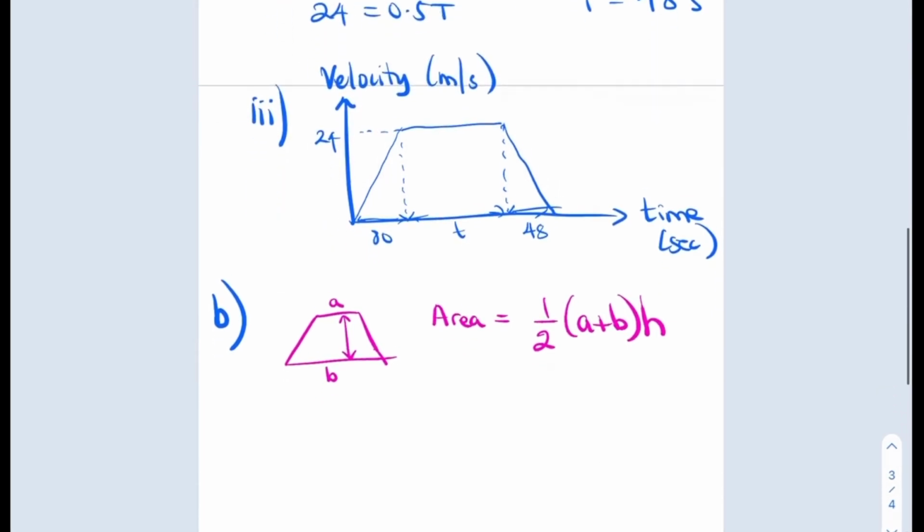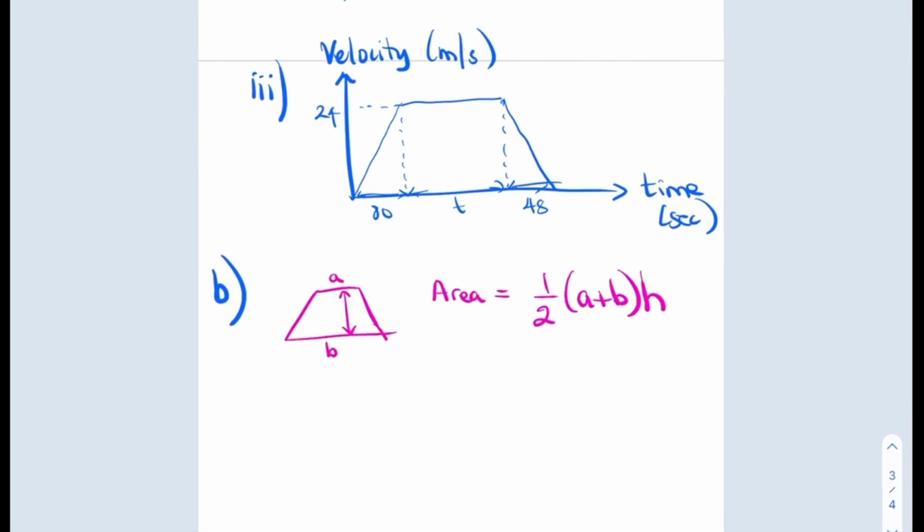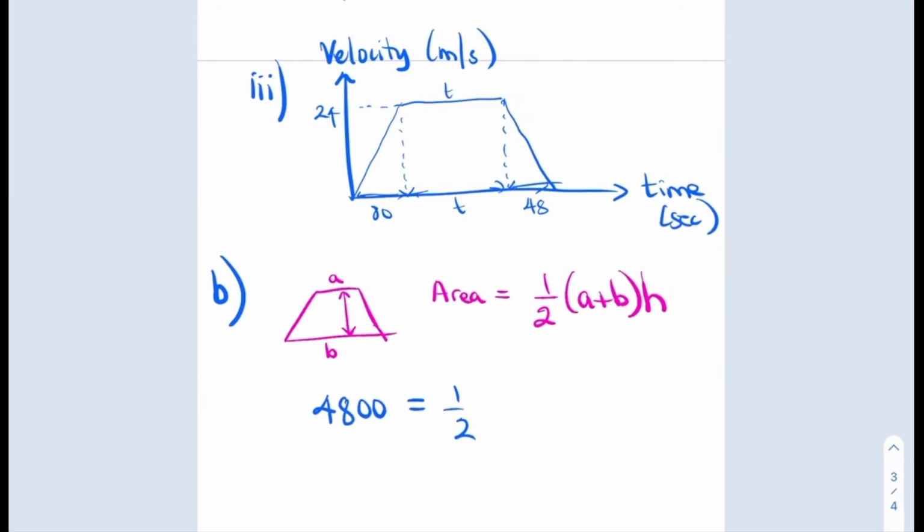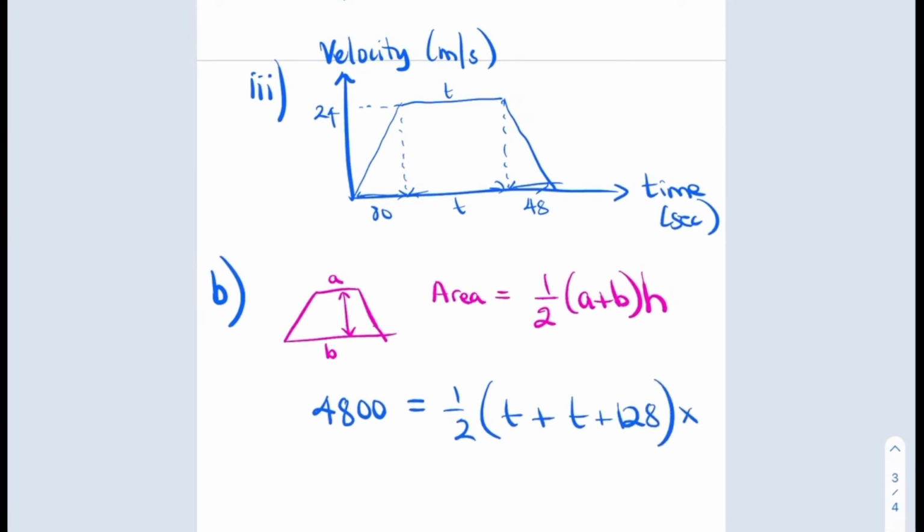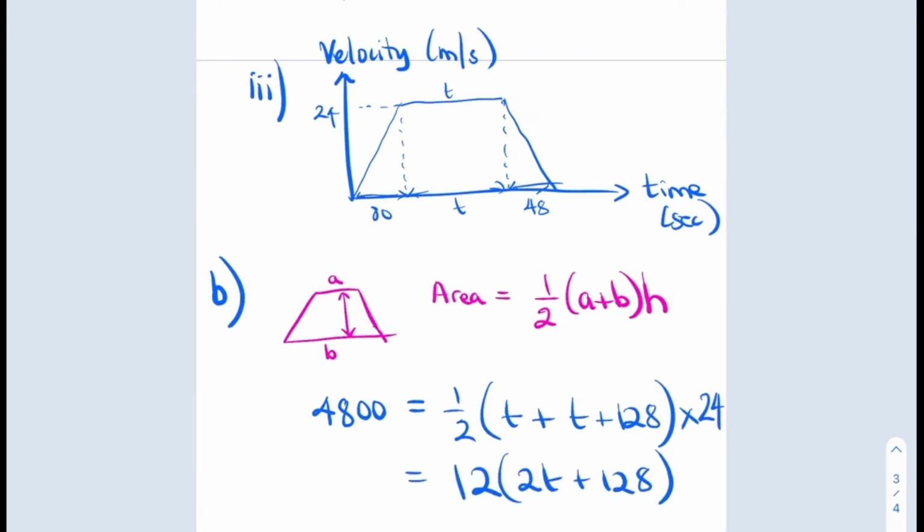So in my case, the total area, which I know to be 4,800, will be half of the sum of the parallel sides: I've got this t up here, and I need to add on the bottom, which is t plus 80 plus 48, so plus another t and 128, multiplied by the distance between them, which is 24. Tidying that up gives me 2t plus 128.